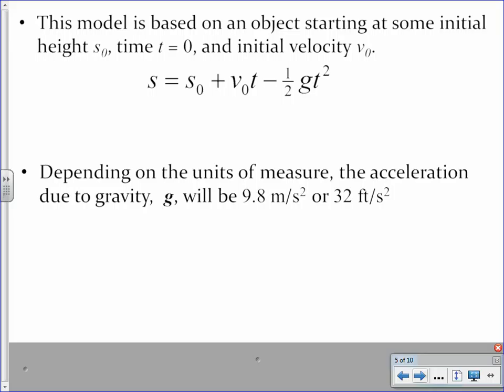Since things are being pulled toward the ground, the negative is taken care of in the equation. So we have that negative 1/2 g because our acceleration is pulling us down.